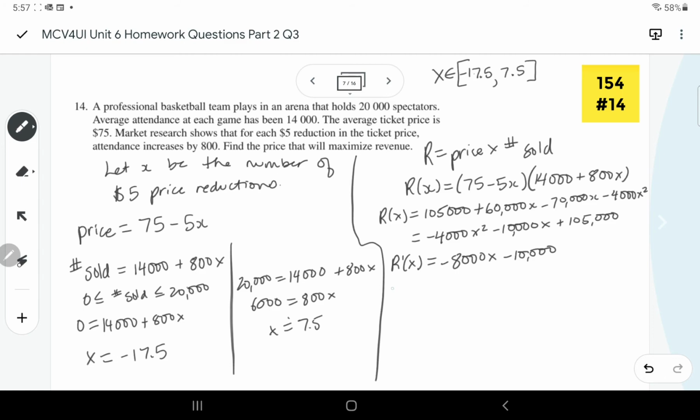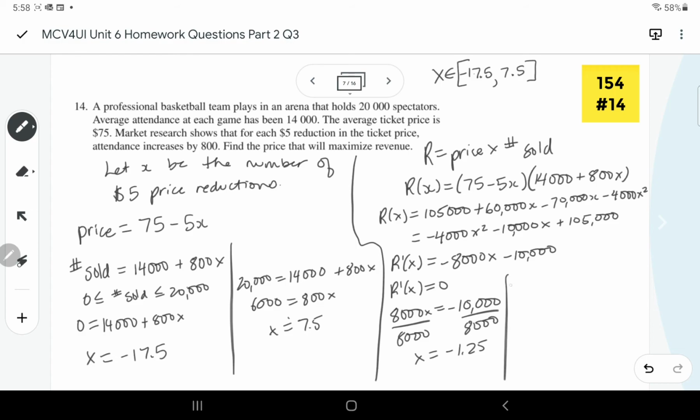And where does the derivative equal 0? That would be when 8,000x equals negative 10,000, and that would be negative 1.25.